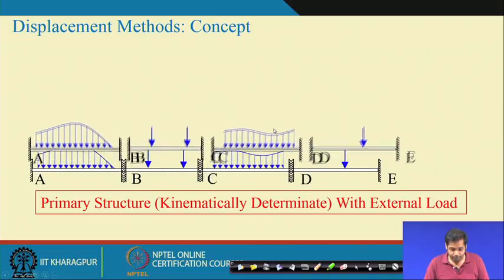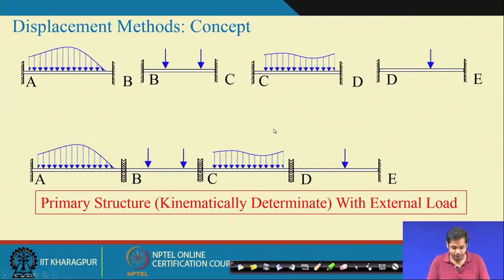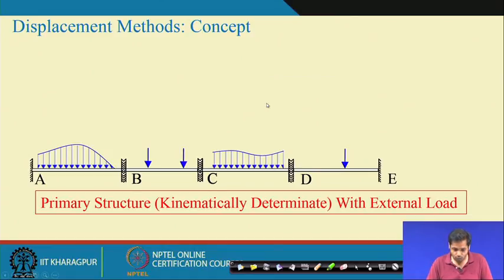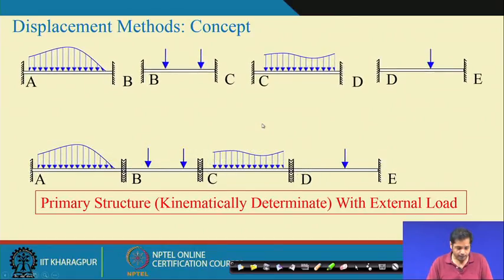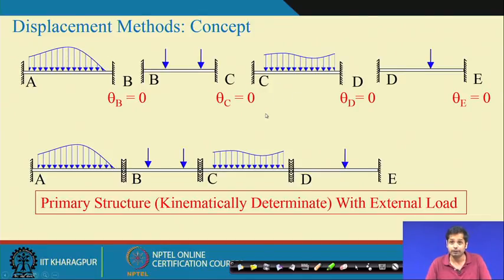Now, we divide the entire structure into different parts, because these ends are anyway fixed ends. Once we do that, theta B, theta C, theta D, theta E are 0 everywhere, because we are making them 0.